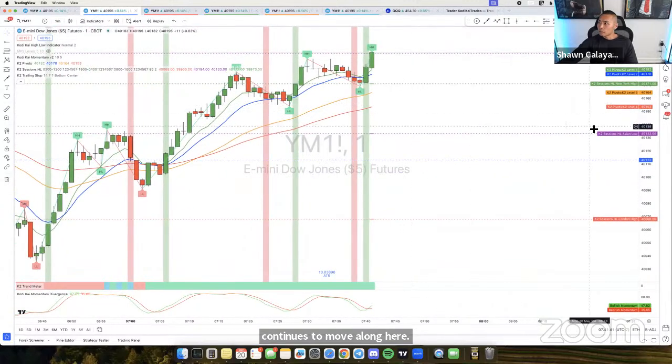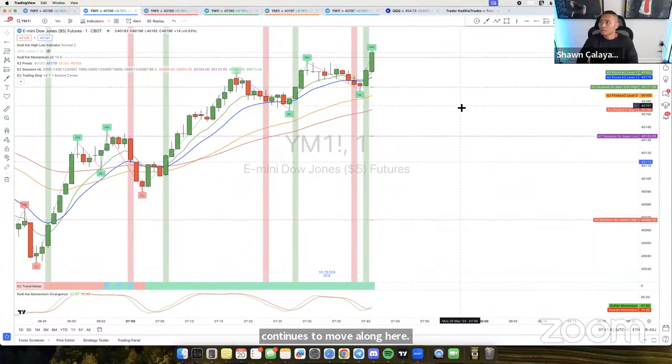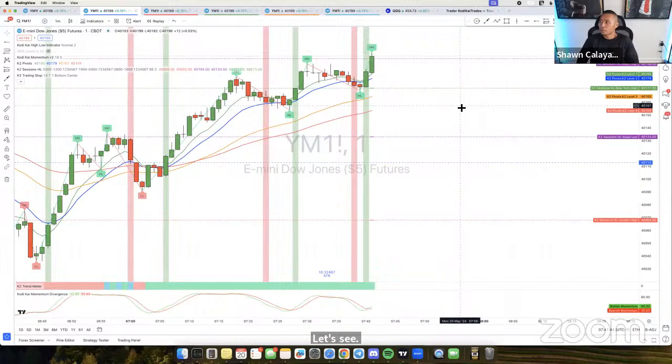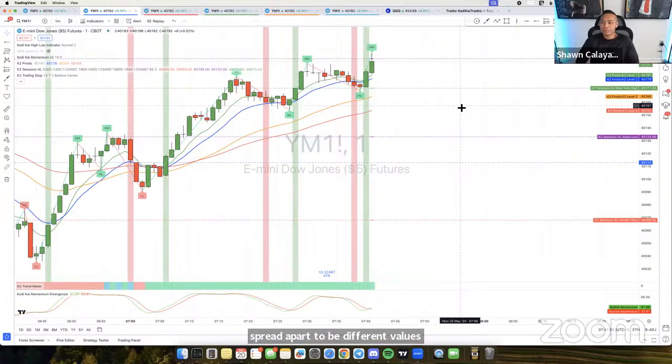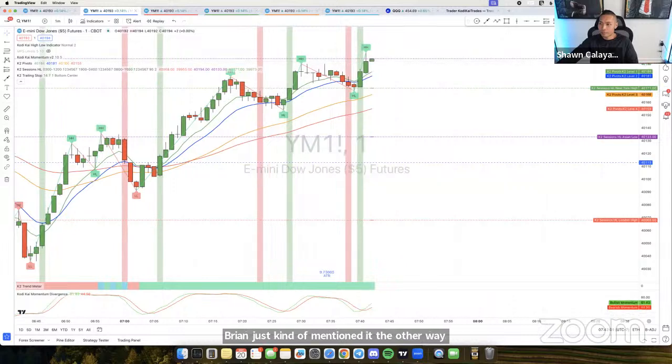Let's see. Jay said divergence is actually the correct term. Convergence is when the lines cross and are temporarily the same value. Divergence is when they spread apart to be different values. I knew that was the case, right, Jay? That sounds right. Brian just kind of mentioned it the other way. Again, Brian is a scientist, so I don't think he really relates to it as trading.